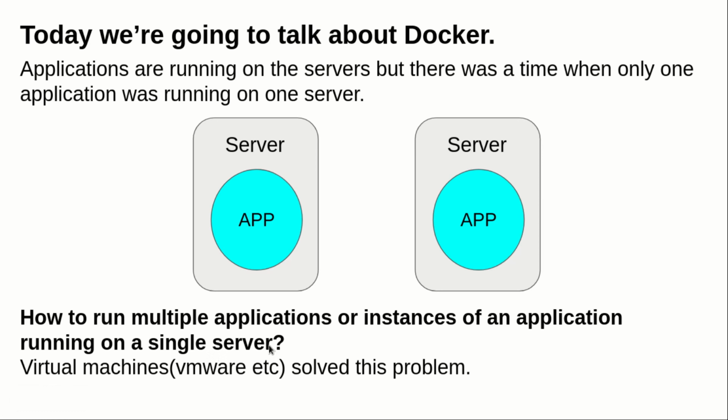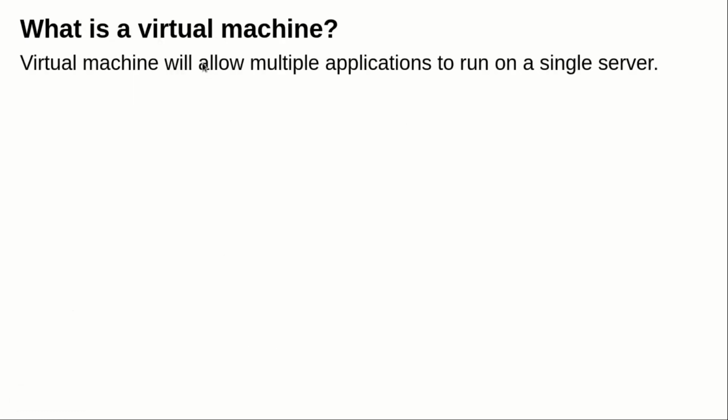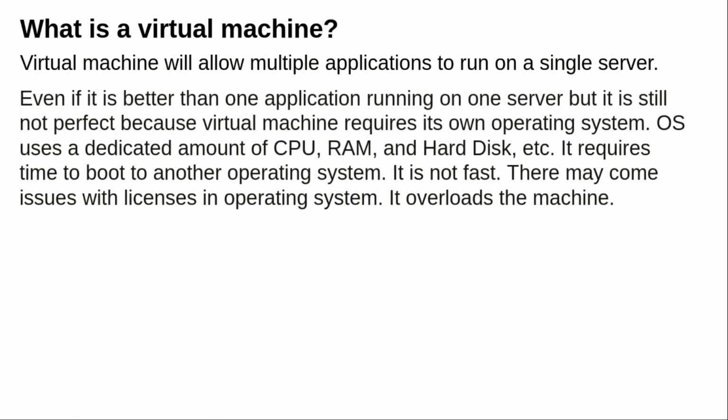Now let's answer the question: what is a virtual machine? A virtual machine will allow multiple applications to run on a single server. Even if it is better than one application running on one server, as we have seen in the previous slide, it is still not perfect. Why?